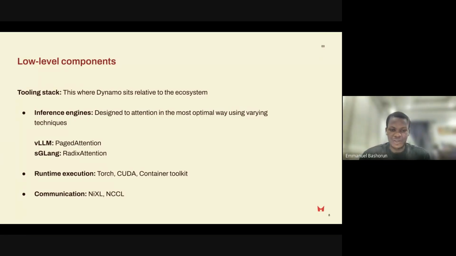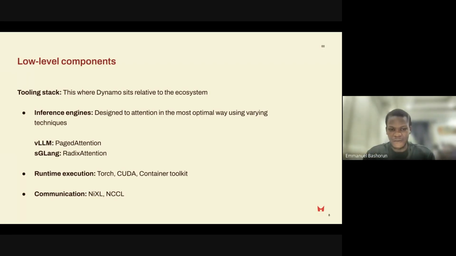And then for runtime execution, we have Torch, we have CUDA, we have container toolkits. People like to see CUDA as a language. Well, yes, it's not just that. It's the entire ecosystem that lets us communicate between our GPU and our CPU, right? So when we perform computations on our GPU, how do we synchronize, how do we write that data back to the CPU?